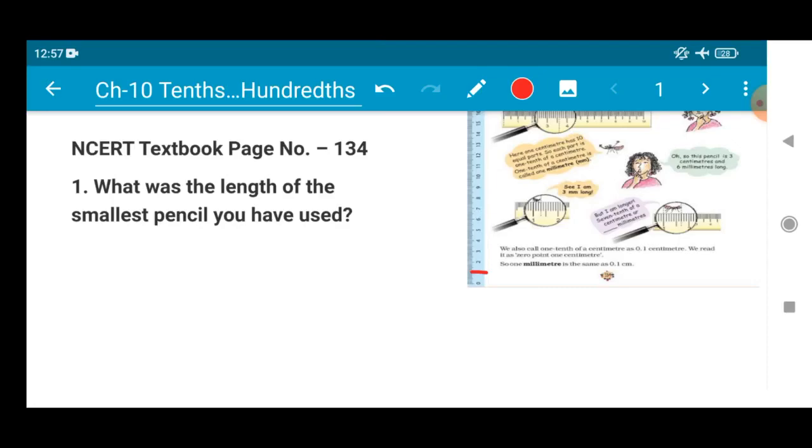Most probably I will just say an approximate value. Most of you may have used smaller or greater ones, so it may be around 2 centimeter.